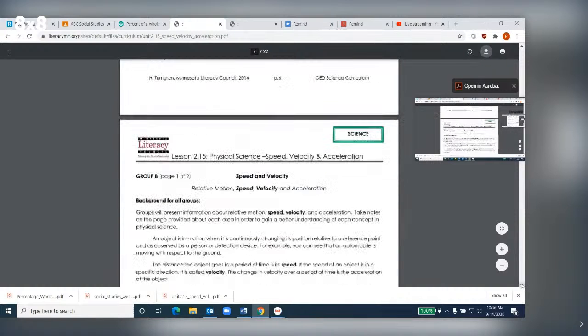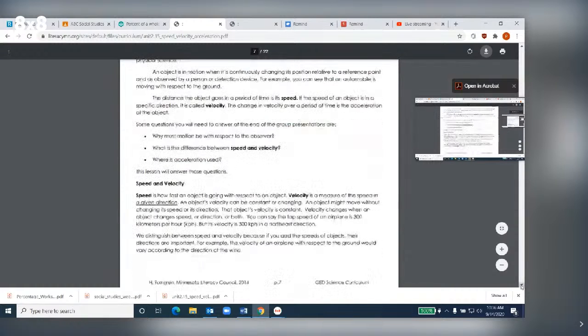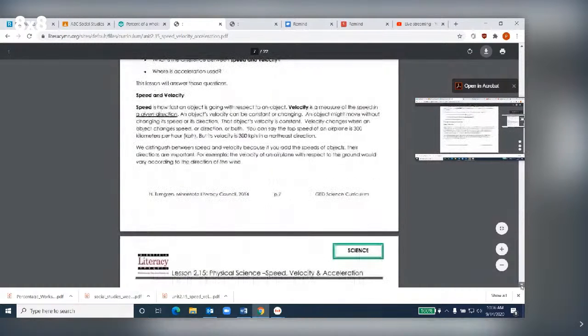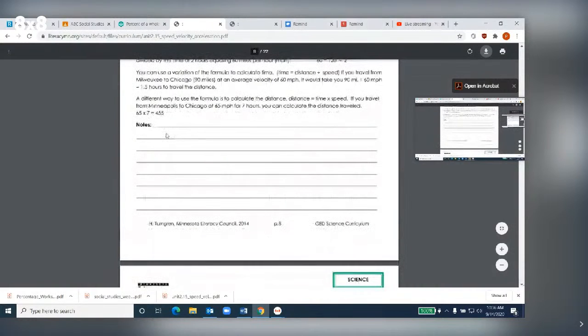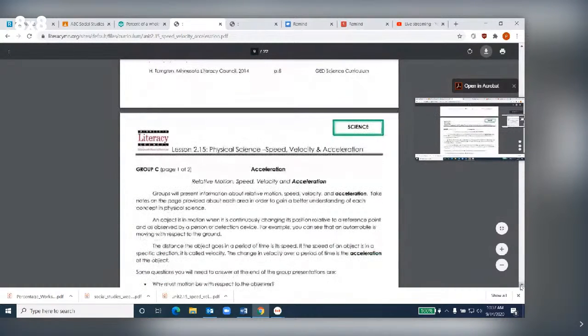Okay, then this one is speed and velocity. When you get done with speed and velocity, you can see there's some notes right here. So I just want you to read speed and velocity and put what you think is important in speed and velocity. And the last one is acceleration.